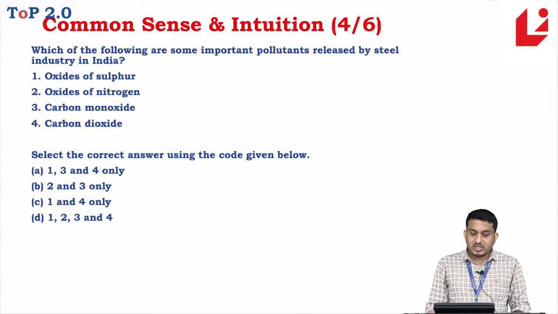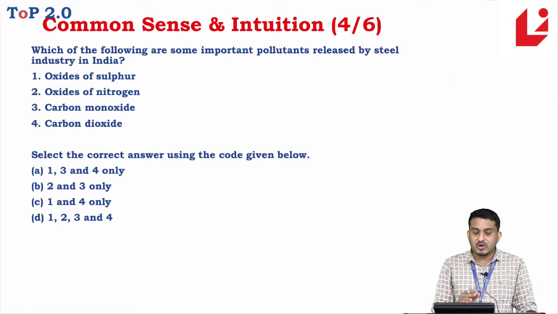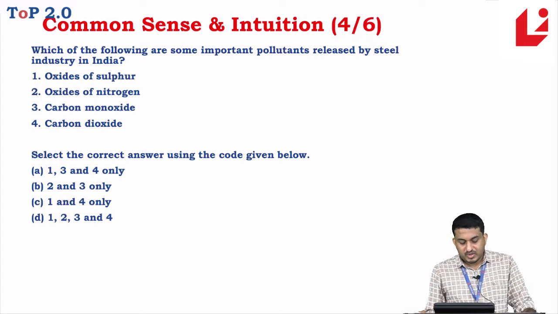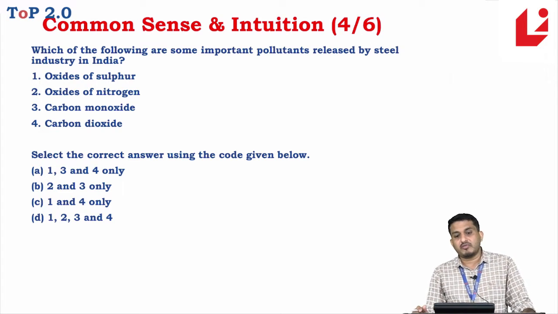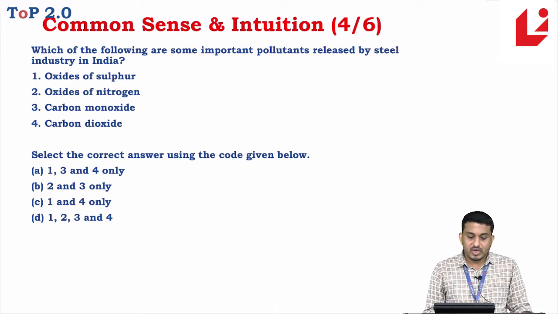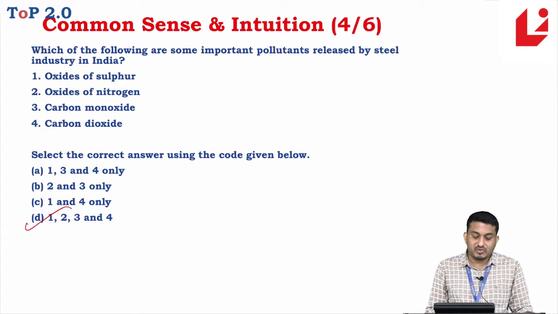So in this question, there is always high probability of emission of a particular pollutant or a gas from a particular industry. So unless the option is that much extreme, the most probable answer will be all of the above. So here answer is D, 1, 2, 3 and 4.